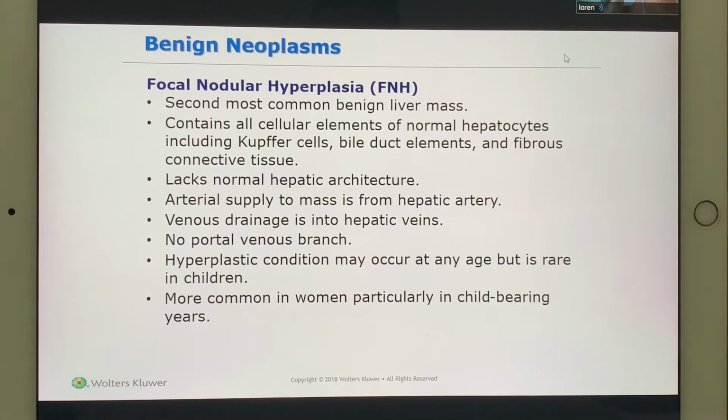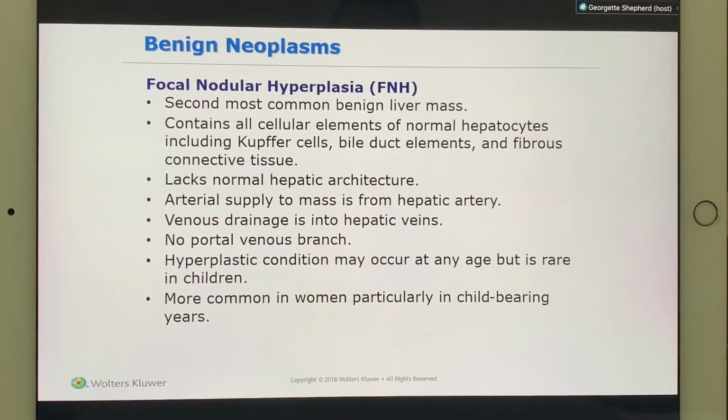It does affect your bile ducts, and it can make your liver fibrotic. Okay? The hepatic artery supplies the focal nodular hyperplasia with arterial flow, and that drains into the hepatic veins. It doesn't affect the normal venous branch of the liver.